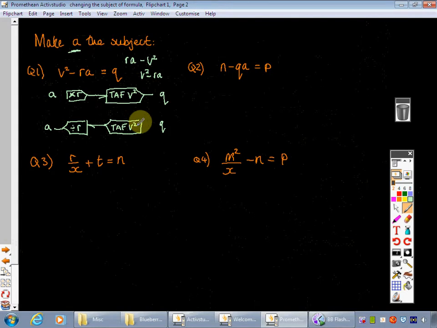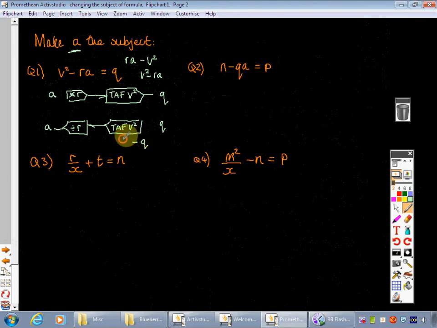Now we write down what we've got. We start with Q. We take it away from V squared. So it's not Q minus V squared, because that's subtract V squared. We want to take it off of V squared, or take it away from. So I'm just going to delete that last thing I did there and write it properly. So that Q has got to be taken away itself from V squared.